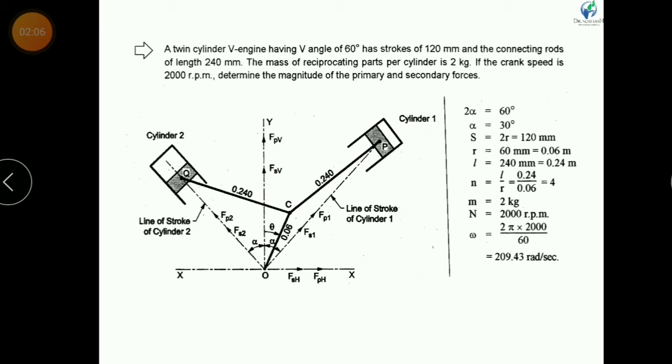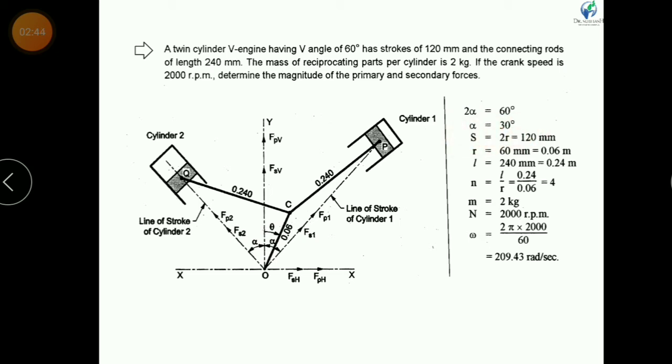So if we assume in this direction Fp1 and Fs1, these are the primary and secondary unbalanced forces along the line of stroke of cylinder 1, and similarly Fp2 and Fs2 are the primary and secondary unbalanced forces along the line of stroke of cylinder 2. Now here the V angle is given 60 degree, so 2 alpha is 60 degree, so alpha becomes 30 degree.